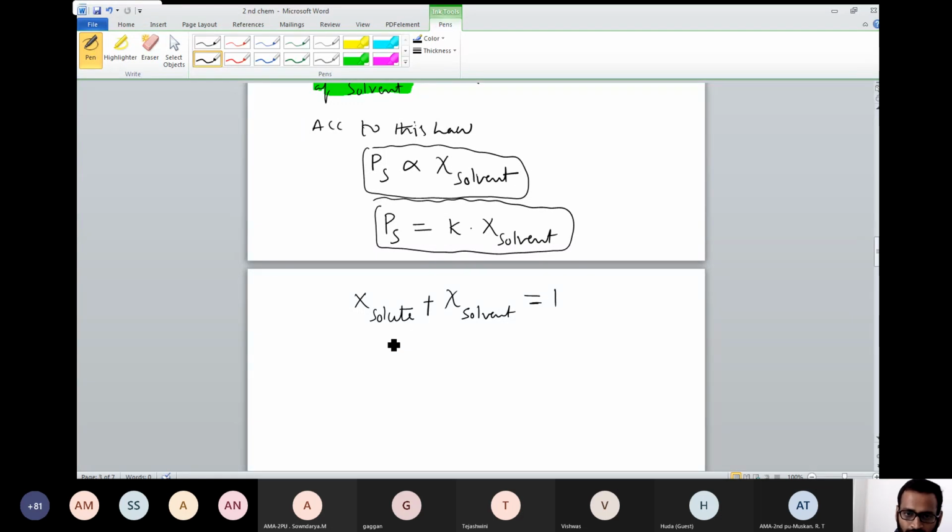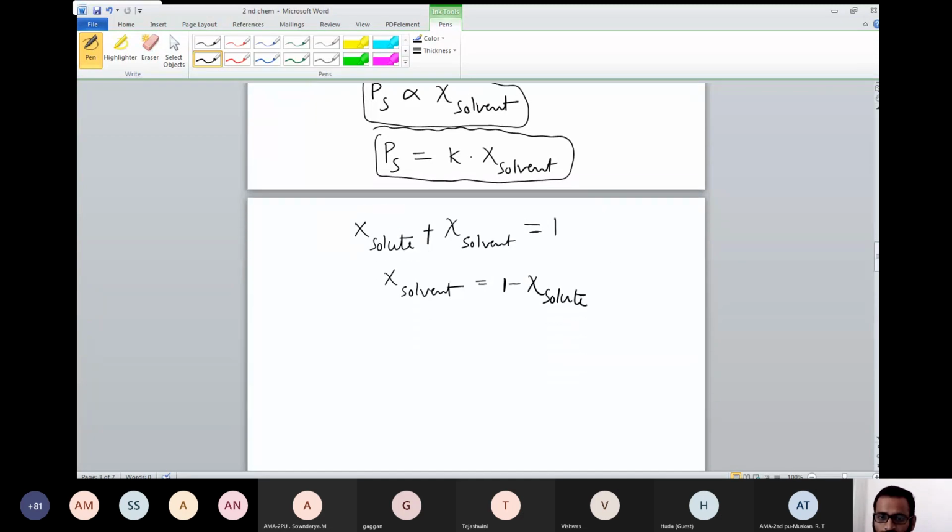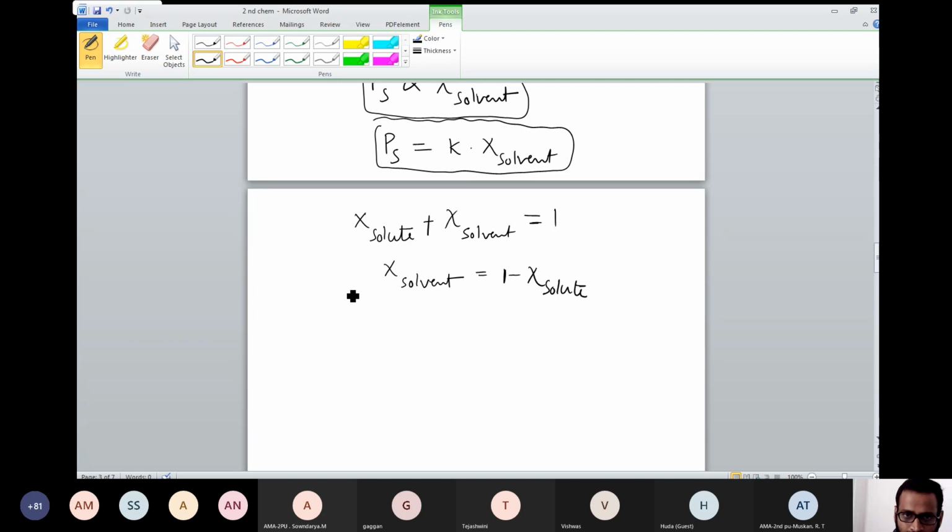Then instead of mole fraction of solvent, I can write 1 minus mole fraction of solute. I'll substitute this. So then what happens here? PS is equal to, therefore, I'll substitute this in this particular equation.